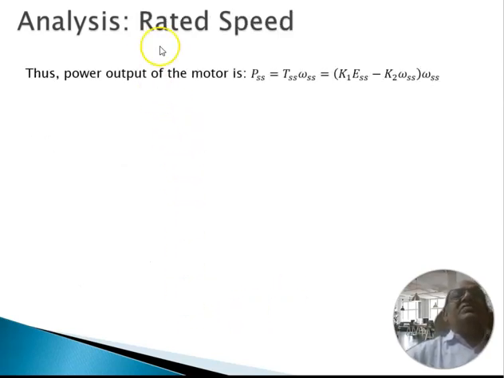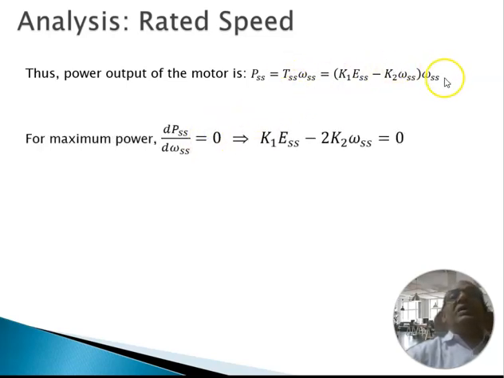We are interested in defining what is rated speed. We say rated speed is the speed of the motor when power developed is maximum. To that extent, we write what is the power developed, which is torque multiplied by the speed, and we differentiate it with the speed, set it to 0 to find out the condition for maximum power.